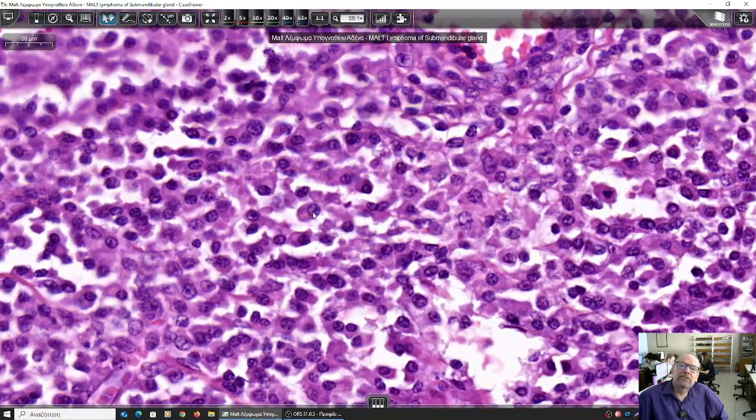What are these cells? Excellent. These are plasmacytes. So, if the clonal proliferation has cells that can differentiate to clonal plasmacytes, of course, it's a B cell lymphoma. So, all lymphomas with plasmacytic differentiation are B cell lymphomas.